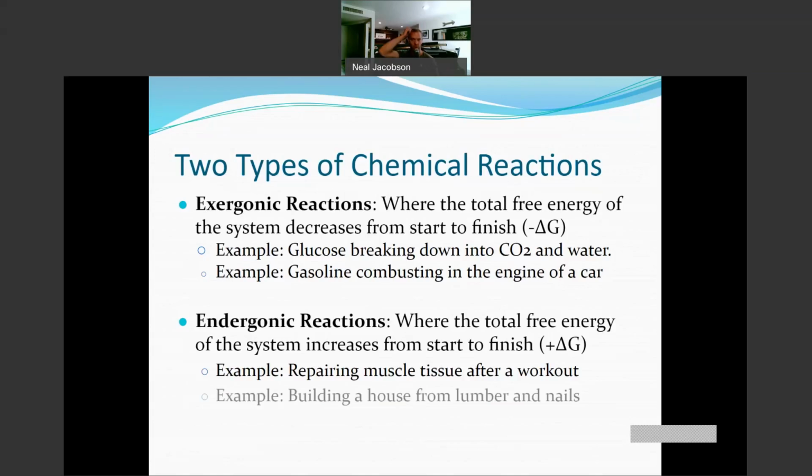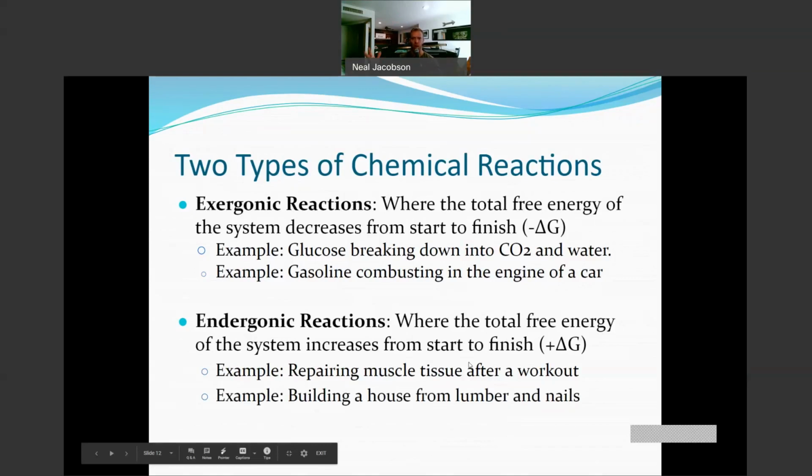Another example, here's one that's external to biology: you've got lumber and you've got nails and you've got a hammer, right? The house isn't going to build itself. It requires the input of energy from an outside source in order to order and construct it into a large building or object, right? And so that would be an endergonic reaction, where energy is entering a system and making it have more free energy.